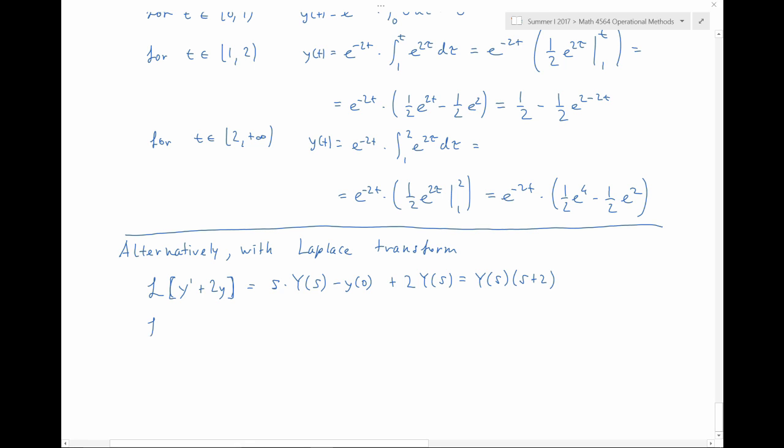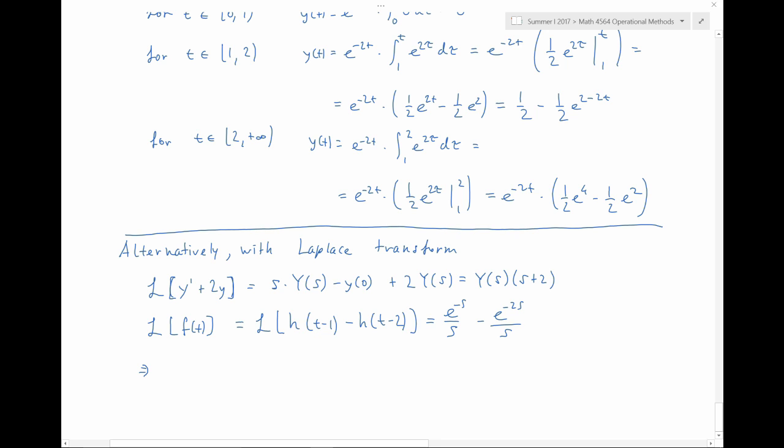For the right-hand side, we have the Laplace transform of f of t, which is the function that turns on at 1 and turns off at 2. That means that we're taking the Laplace transform of h of t minus 1, which turns on at 1, minus h of t minus 2, which is going to turn everything off at 2. And the Laplace transforms of those we have computed before, so it's just going to be e to the minus s over s minus e to the minus 2s over s.